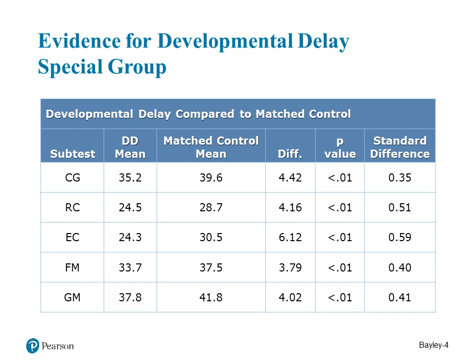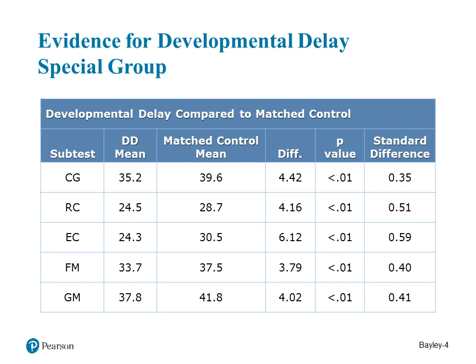Now, the children in the developmental delay sample, we would expect theoretically that they would exhibit global developmental delays across these subtests: cognitive, receptive and expressive communication, fine motor, and gross motor.